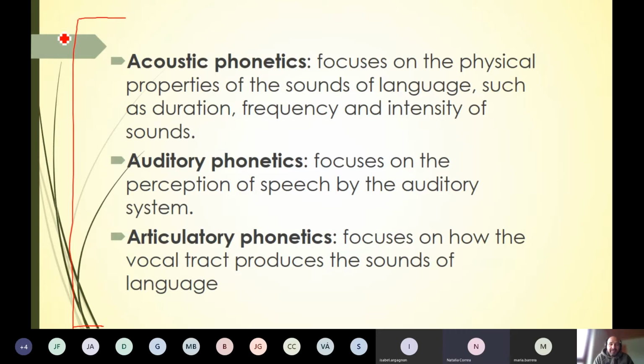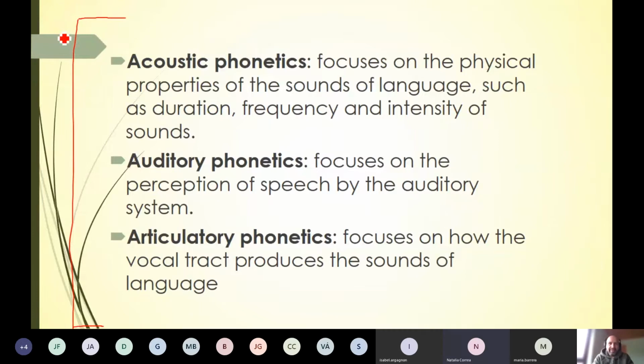Articulatory phonetics focuses on how the vocal tract produces the sounds of language. All right, thank you so much.